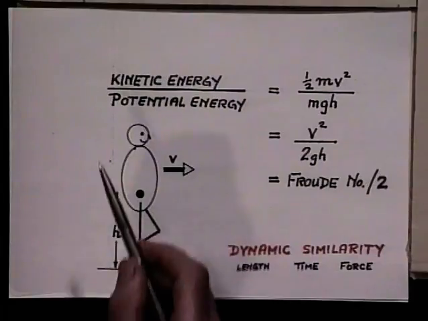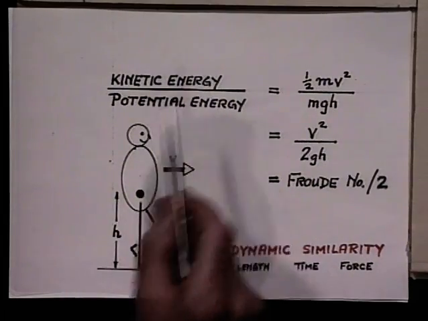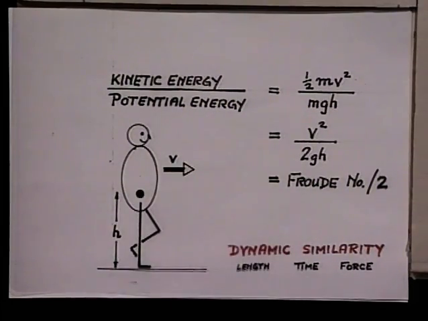In walking and running and galloping, the body is changing potential energy and changing kinetic energy. It seems reasonable to suppose that dynamic similarity will only be possible if the ratio of kinetic energy to potential energy is the same for the things you're comparing.